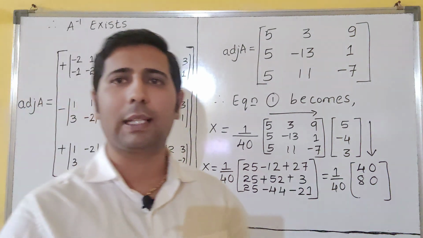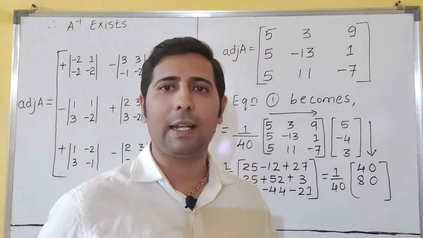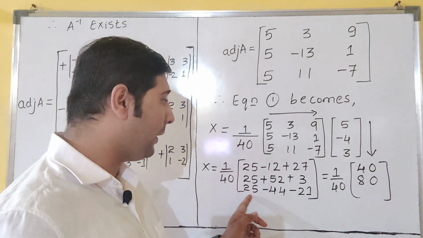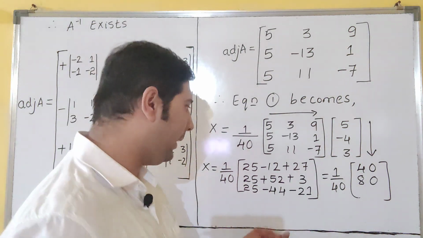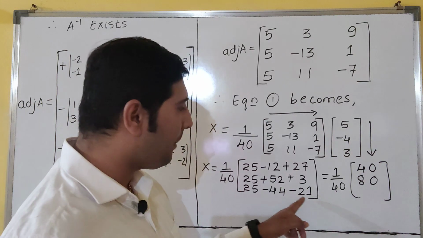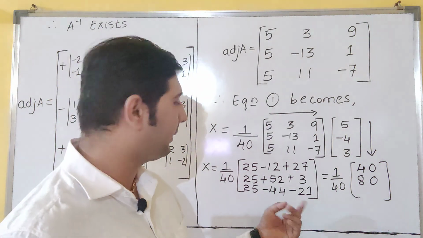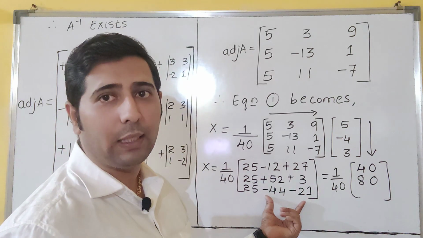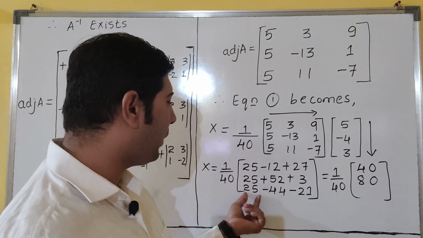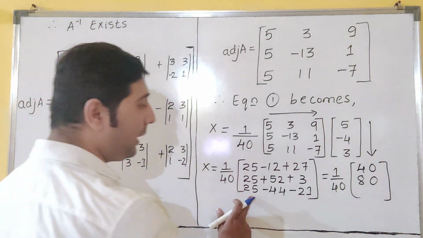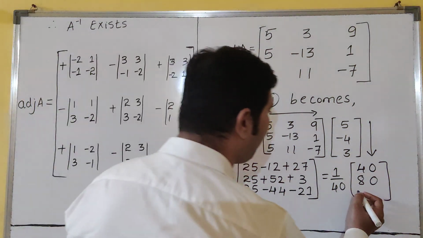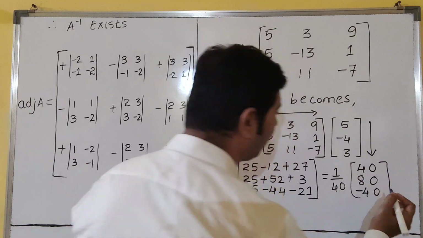If you want, you can use the calculator. A simple calculator is allowed in the board exam. Now 25, minus 44, minus 21. First we will add these: minus 65. Then 25 minus 65 is minus 40.